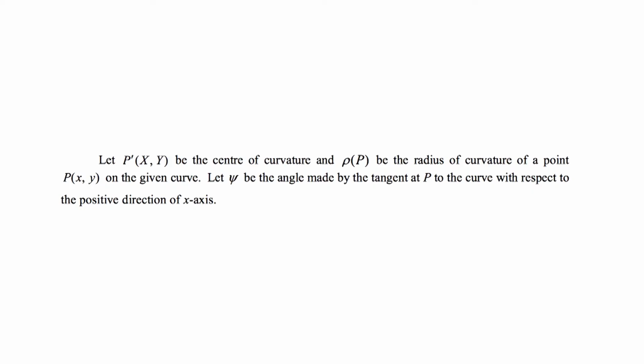We now give the proof. Let P prime (X, Y) be the center of curvature and rho of P be the radius of curvature of a point P with ordered pair (x, y) on the curve. Let psi be the angle made by the tangent at P to the curve with respect to the positive direction of the x axis.